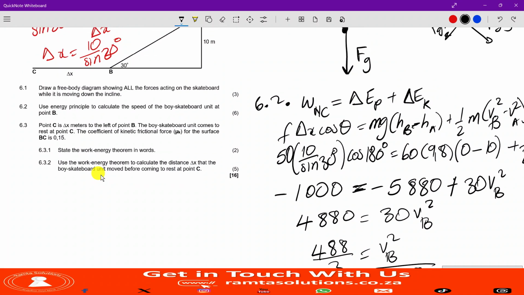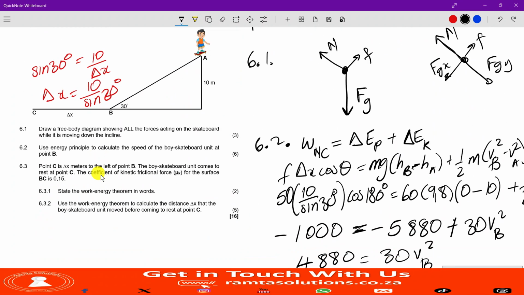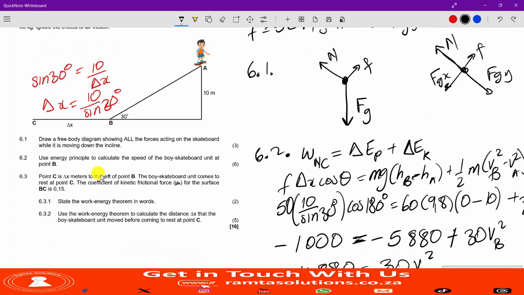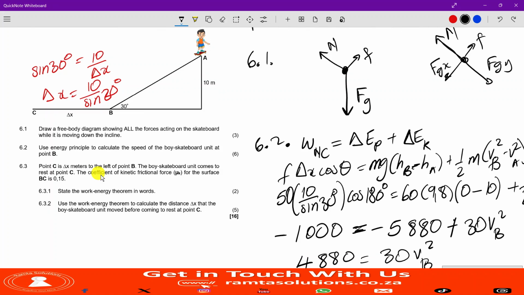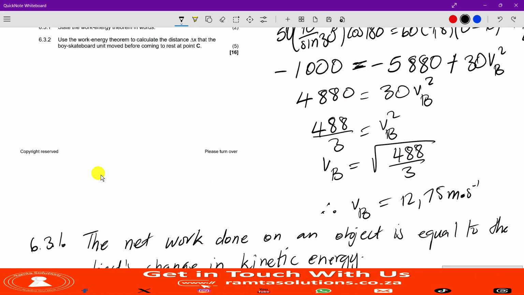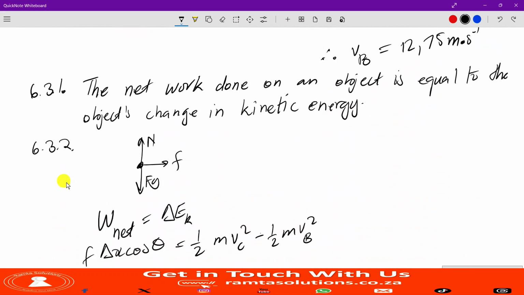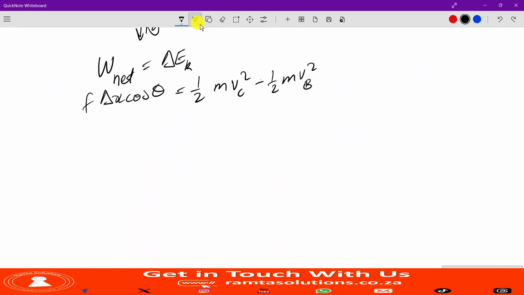The frictional force was 50 newtons. Is the frictional force 50 newtons, guys? Oh, no, it's not. It was 50 for the surface. Here they gave us the coefficient of kinetic friction. So we have to change this part and say mu m g delta x.